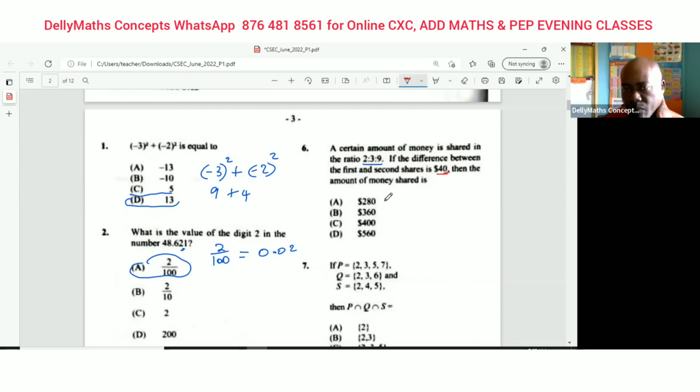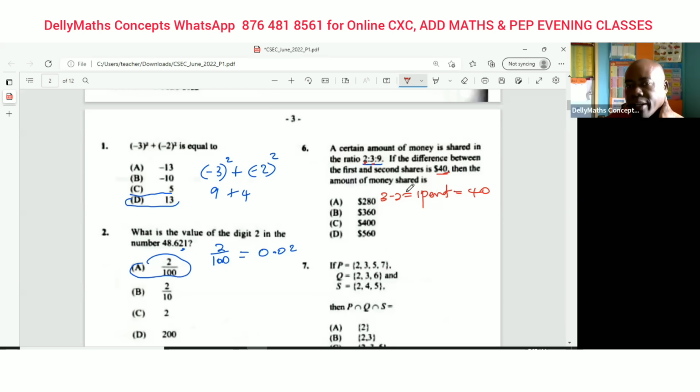All right, so we're saying the difference between 2 and 3, because we're talking about the first and the second. So it's 3 parts minus 2 parts, that's 1 part. The difference between them is 1 part, and they told us the difference is 40.